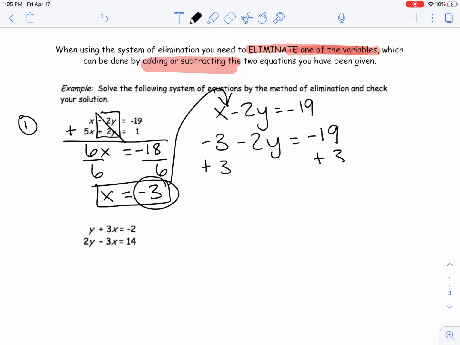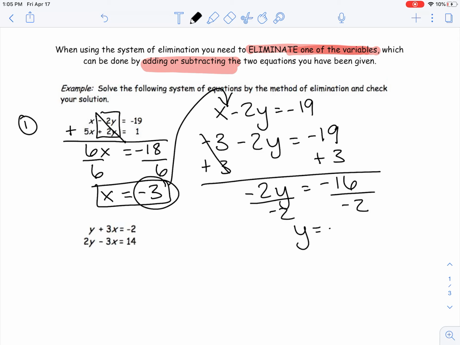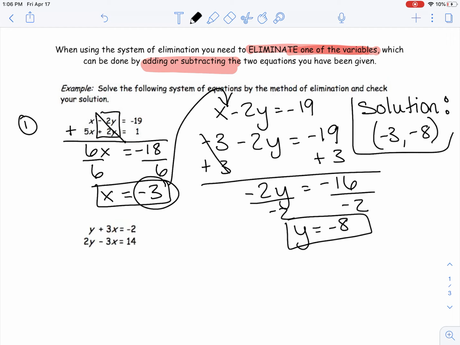Add 3 to both sides. Negative 2y equals negative 16. Divide by negative 2. Y equals negative 8. So our solution would be negative 3, negative 8.